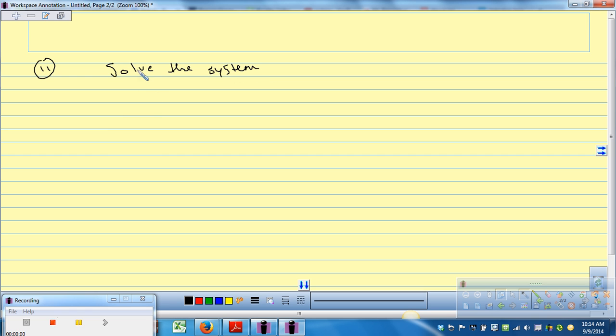And the inequalities are y is less than 2x plus 4 and negative 3x minus 2y is greater than or equal to 6.